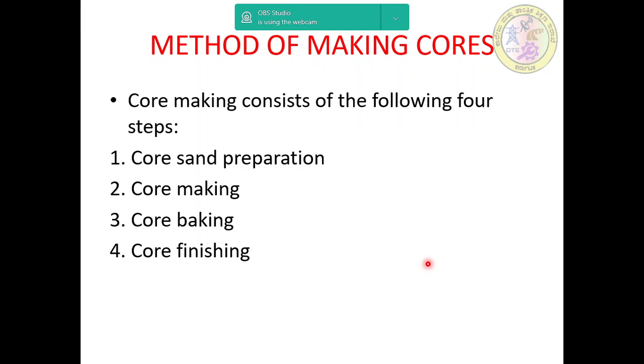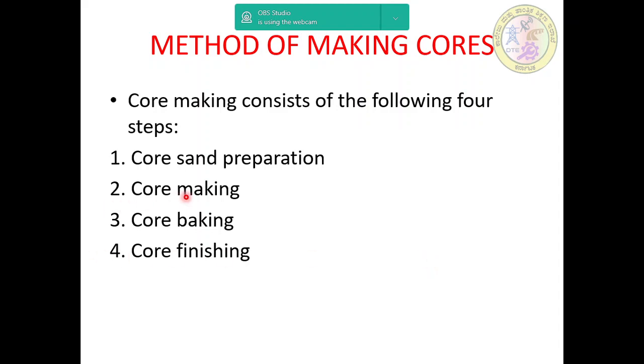Here the core sand of the desired type, it may be dry sand, and composition along with additives is mixed manually, or it may be mixed with a machine. The suitable machine is called a Muller machine. And then the next step is core making.